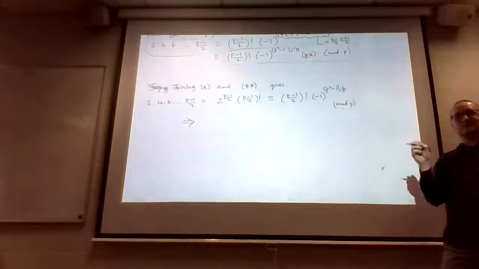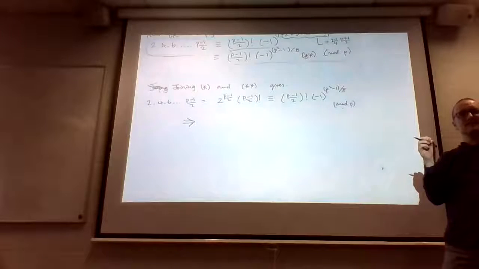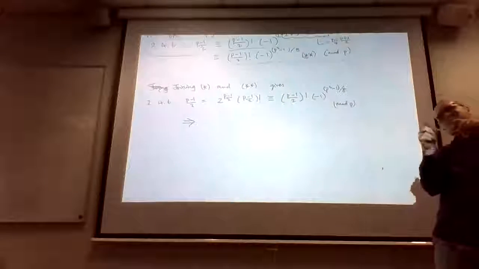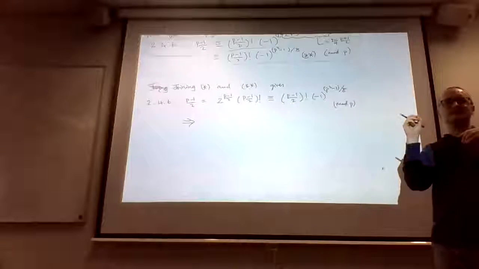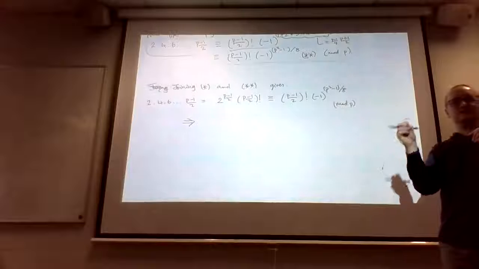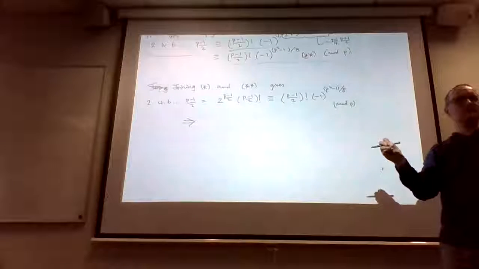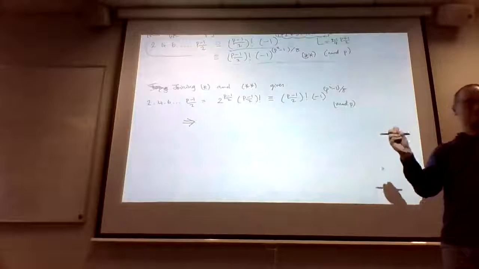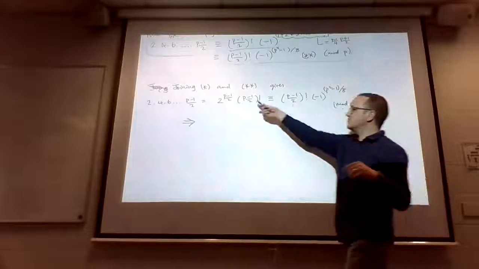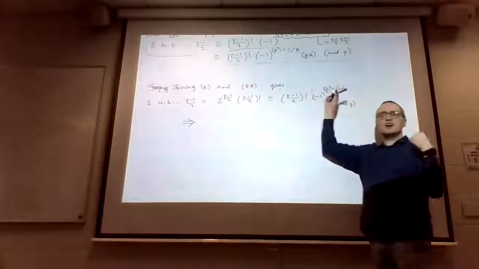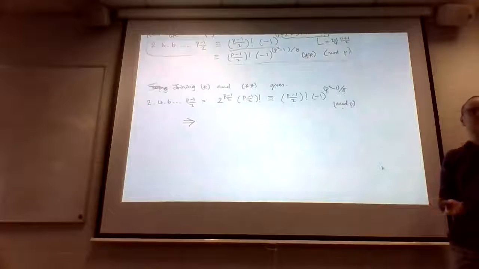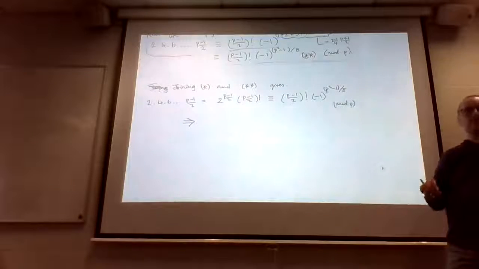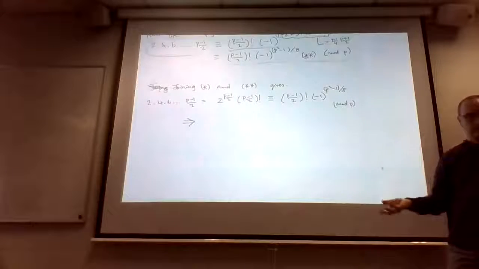The GCD is 1. So the number you're investigating has to be co-prime to the modulus. If it's co-prime, there is an inverse for it. If there isn't, then it doesn't exist.